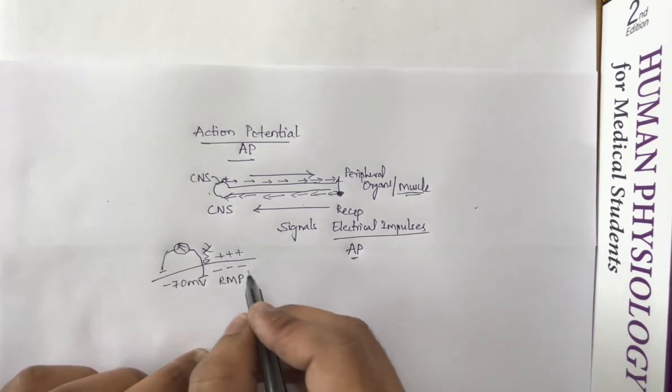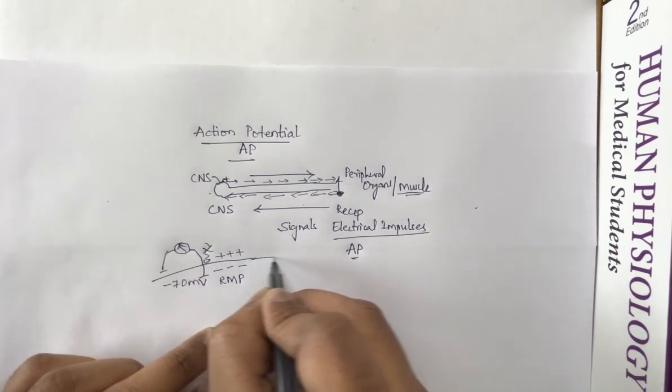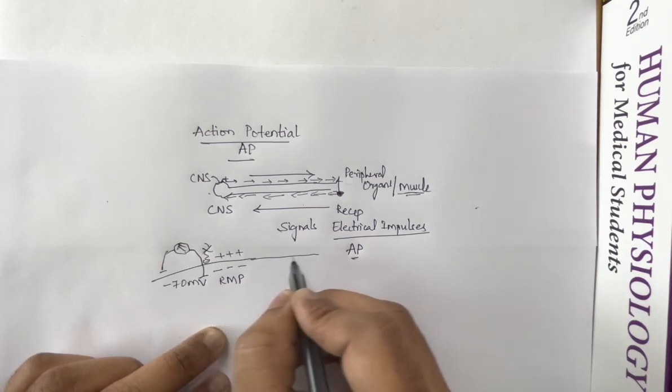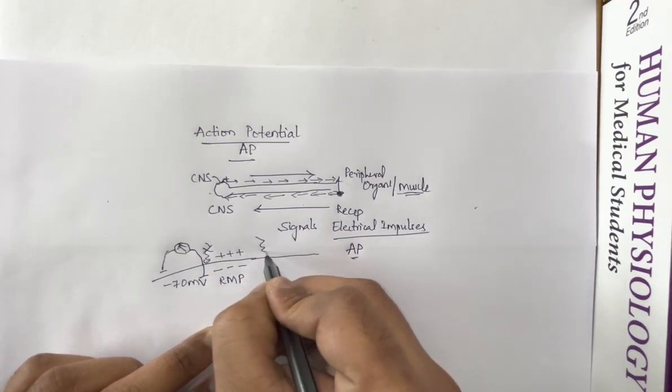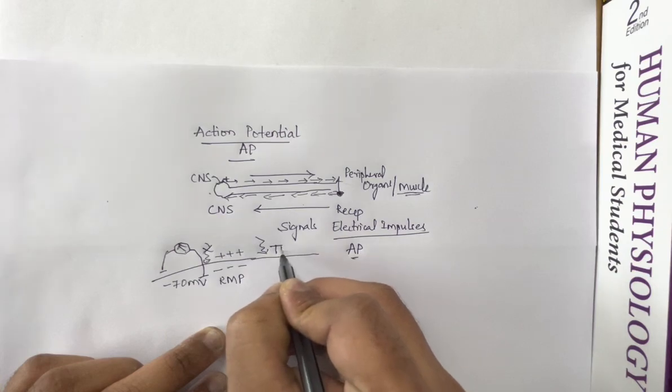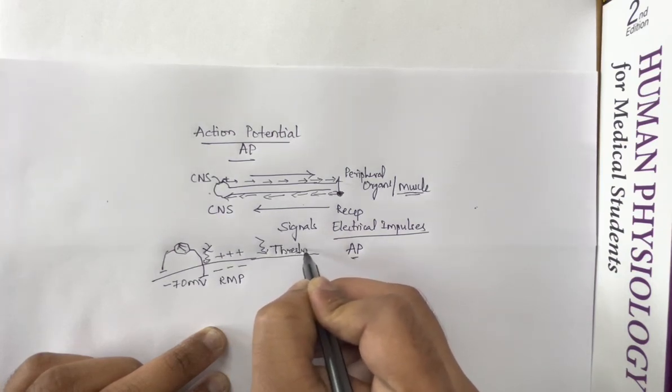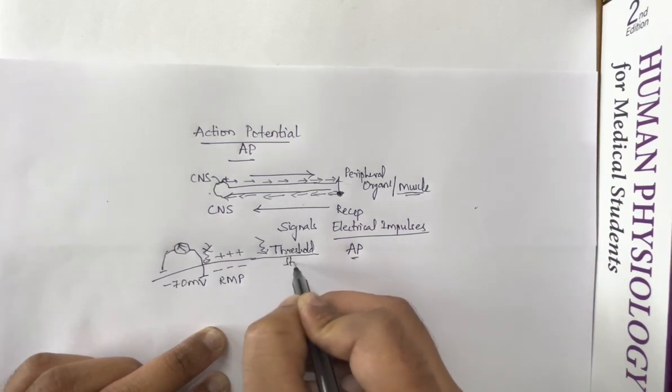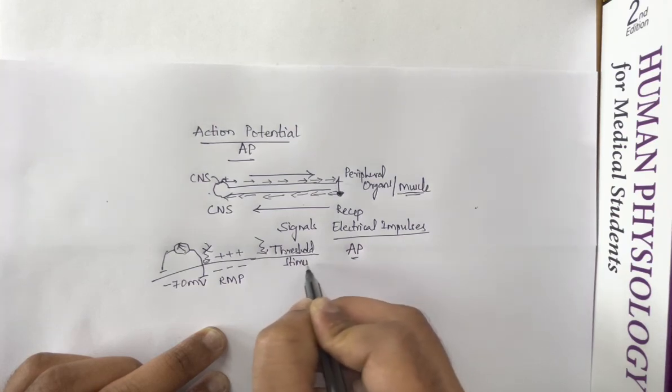So when this cell membrane of the axon or nerve fiber is stimulated with a threshold stimulus, this is very important.